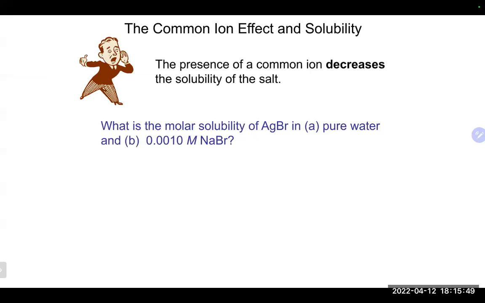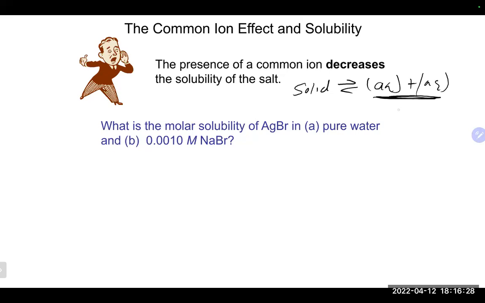The common ion effect is what we've talked about with buffers. The presence of a common ion, when we talked about buffers, will keep the weak acid or weak base together, not as much coming apart, and it will suppress it. The same thing happens with solubility. In the basic reaction, solid is on the left and aqueous ions on the right, so the only place we could have a common ion is on the product side, which means we would be adding more product.